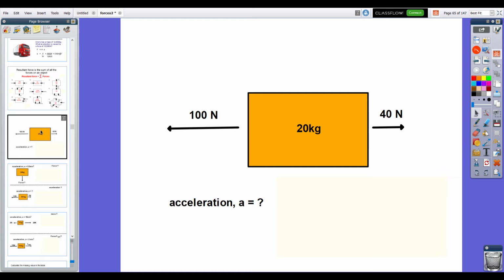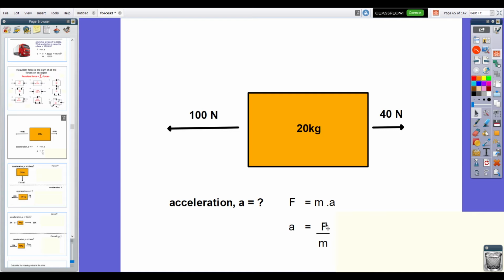Here's another one. We'll just do this one together. There's a 20 kilogram object. It's got 40 newtons to the right, 100 newtons to the left. What's the acceleration? Well, we're going to do F equals ma, then A equals F over m. So what's F here?